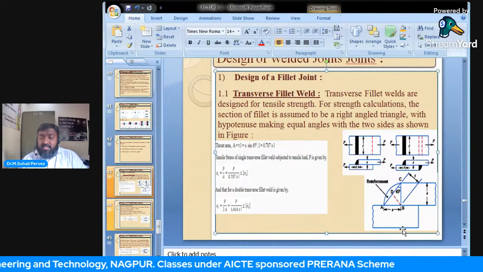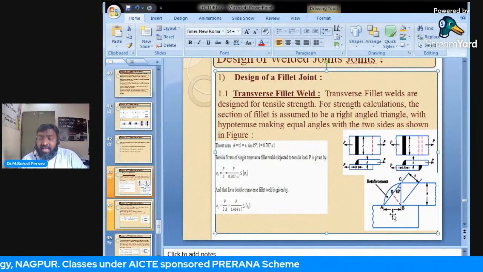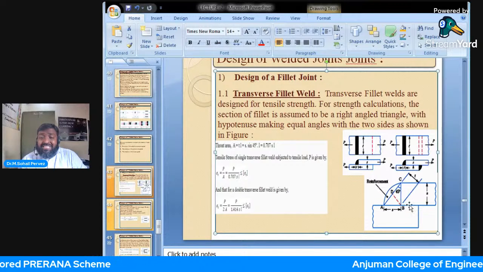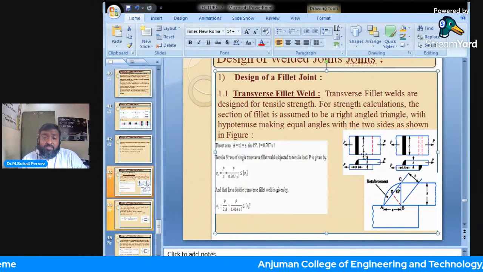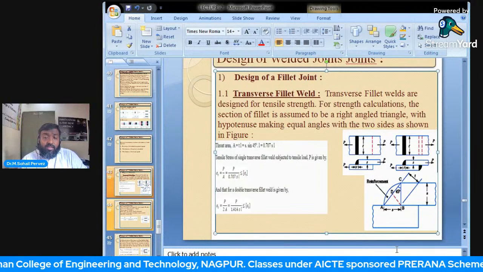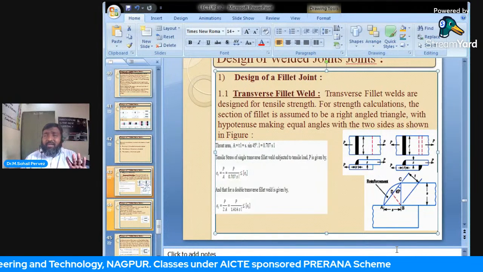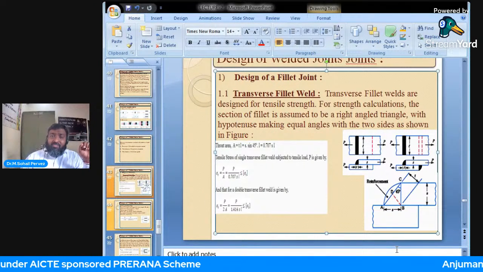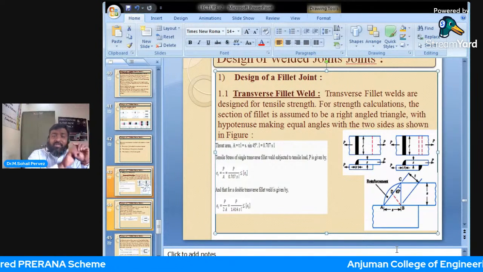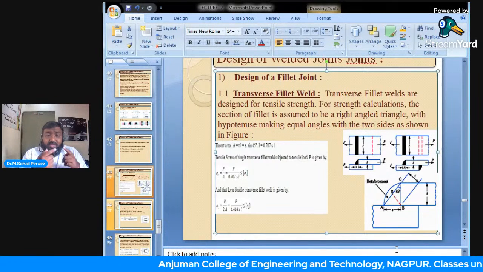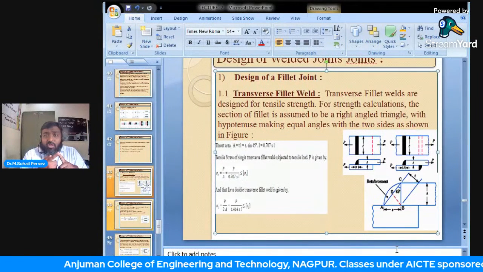What we have considered, let small s be the size of weld, because welding is done at this point. So this is generally in the form of a triangle, and it is our general habit or practice that when we join two elements through welding, we don't get satisfaction whether the joint is made strong or not.